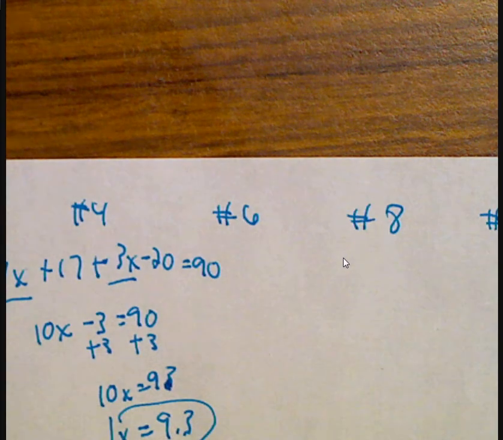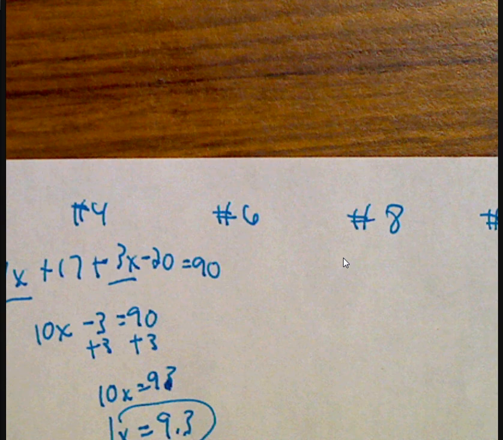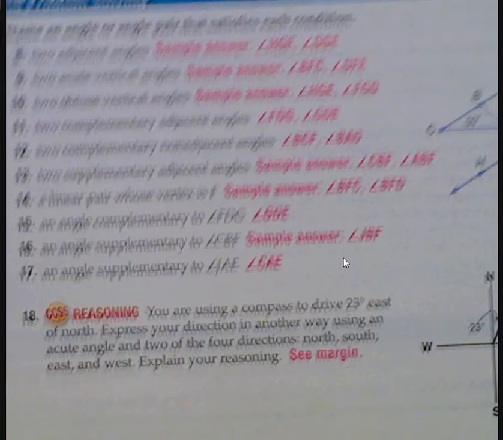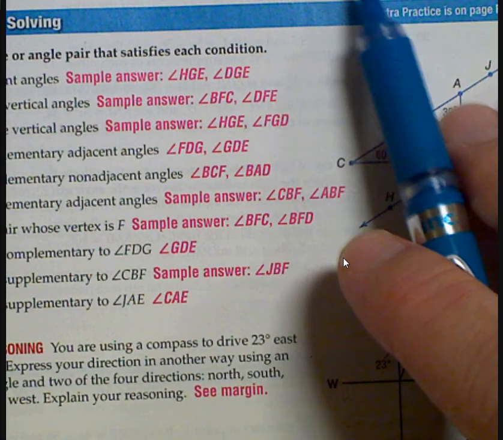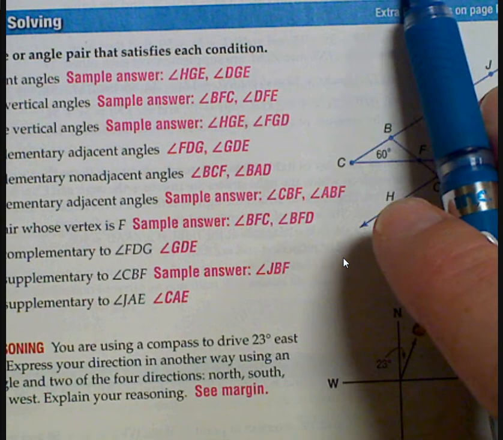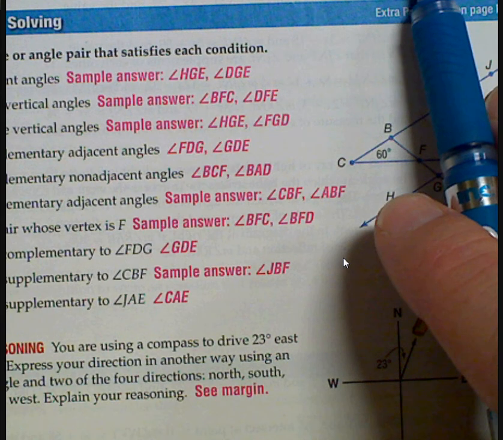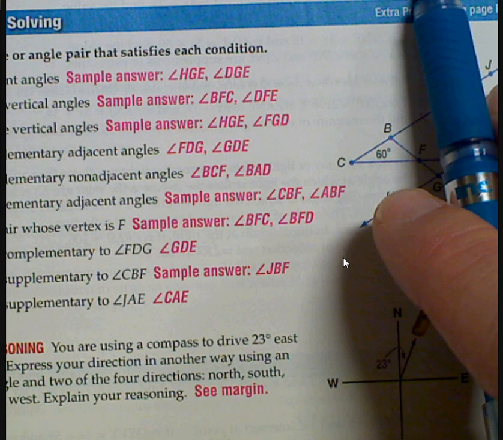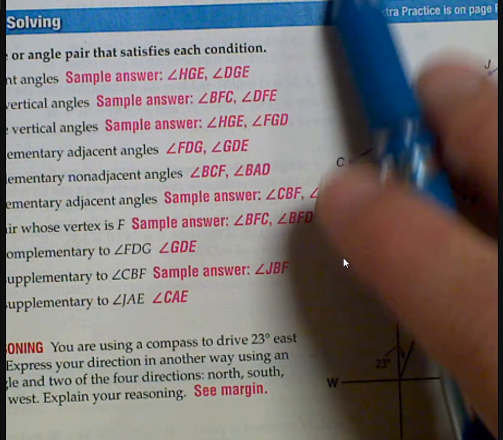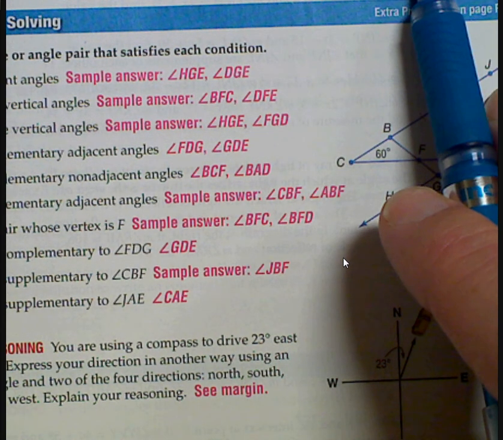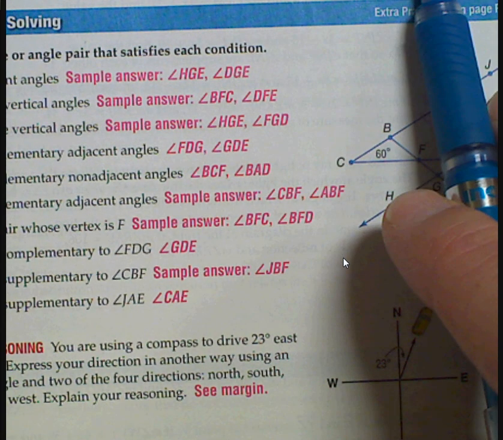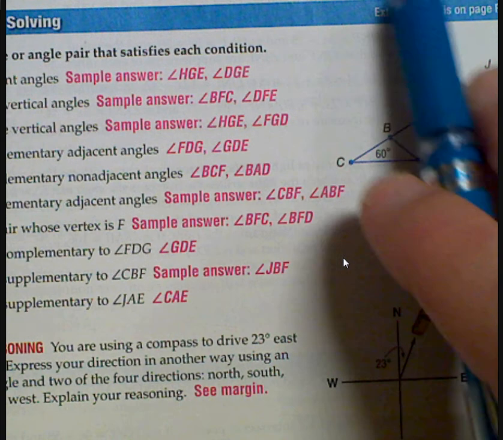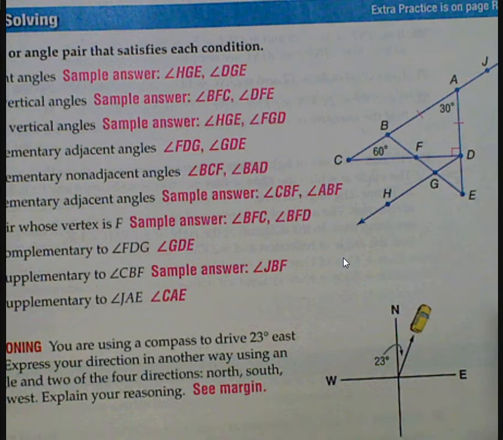Number 6. Determine whether each statement can be assumed. So angle CAD and DAB are complementary.